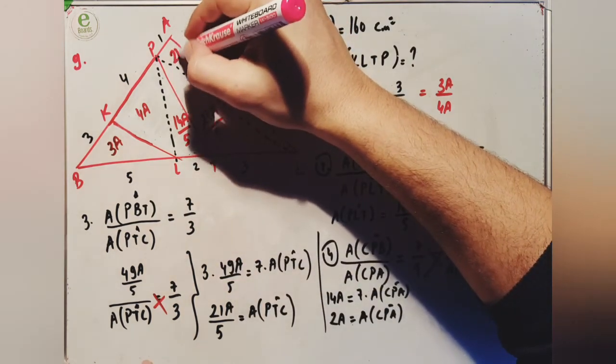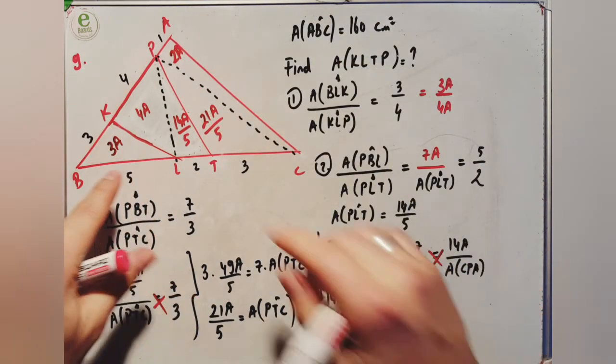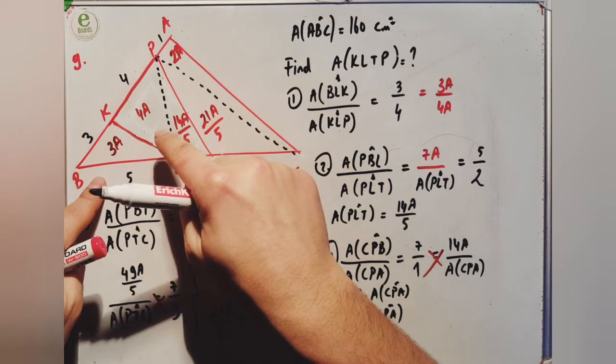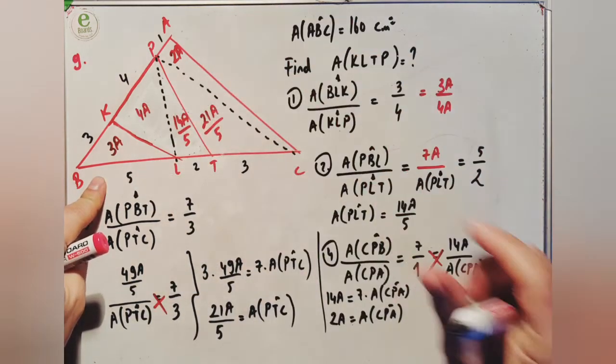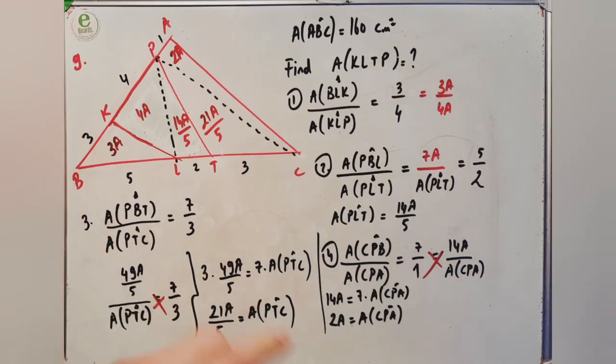So what is the total area? The total area is 14A plus 2A, which means 16A. 16A is equal to 160 centimeters square. So A is 10 centimeters square.